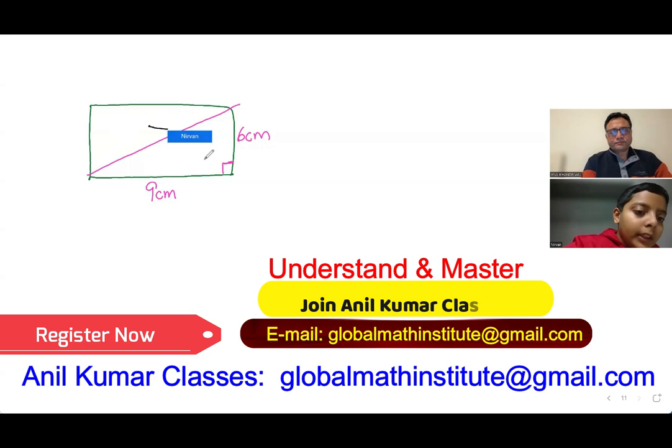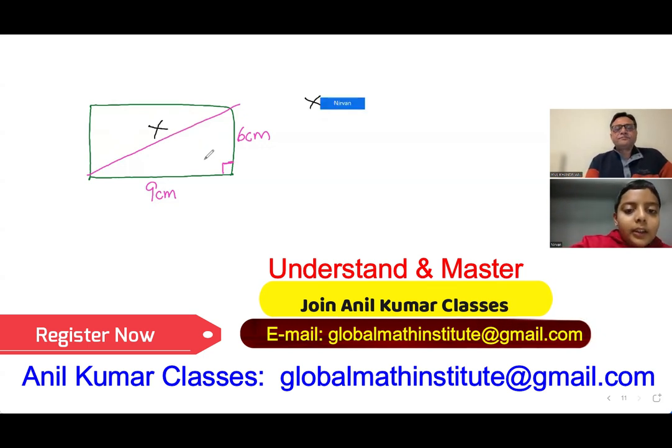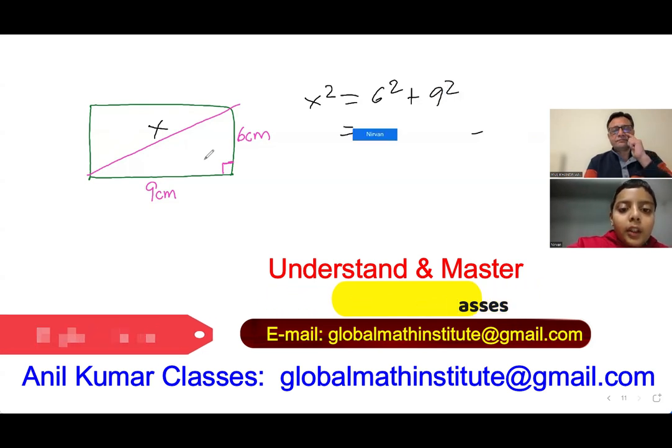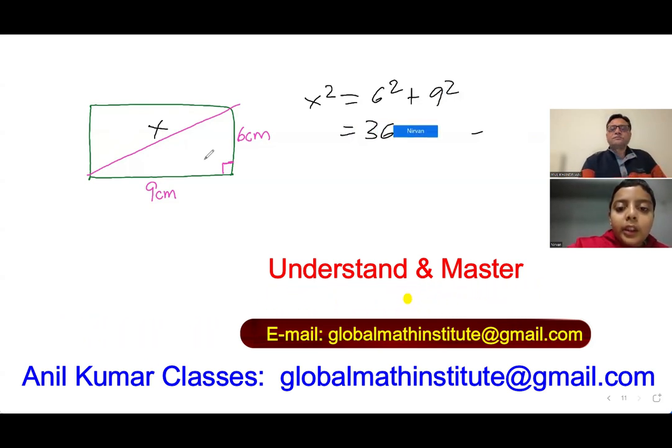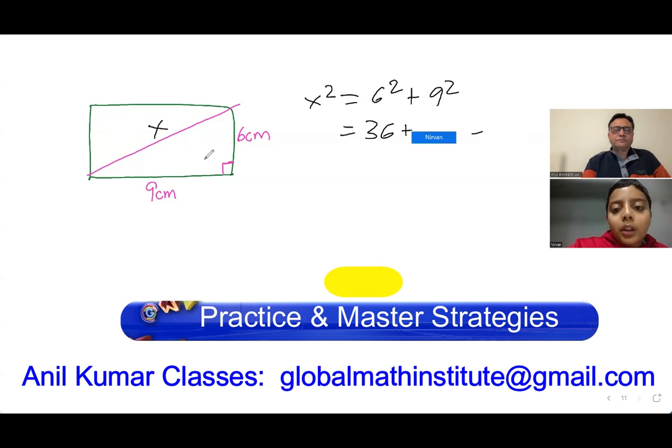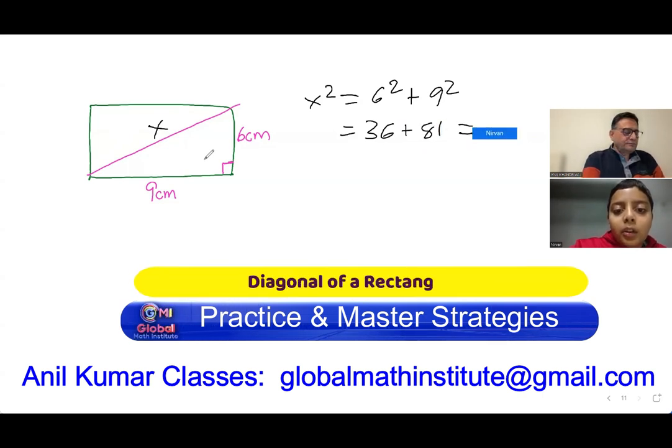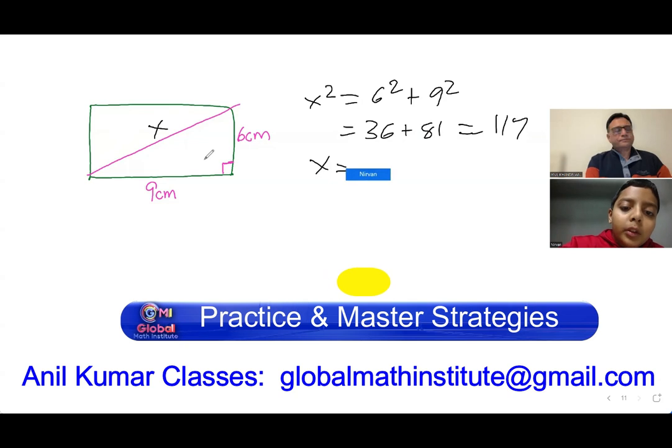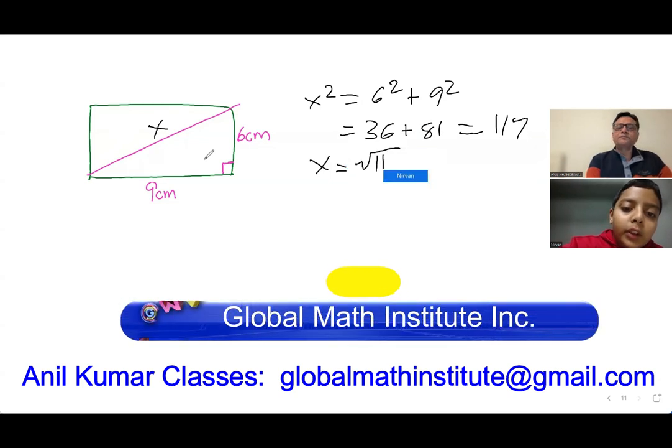So I'll say X. X square is 6 square plus 9 square, 36 plus 81, 117. You can't go further.